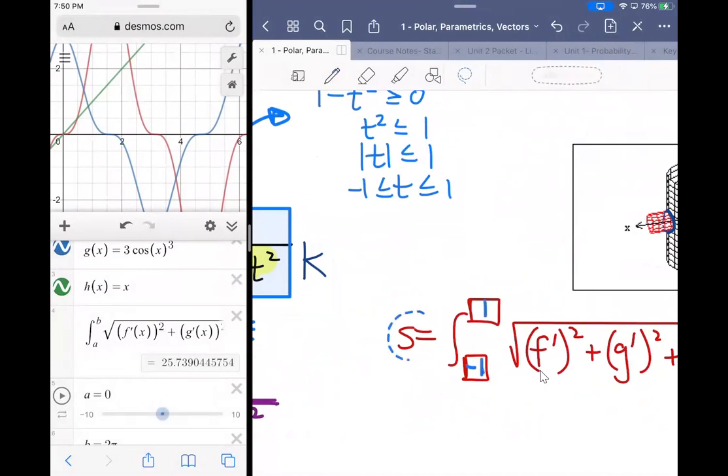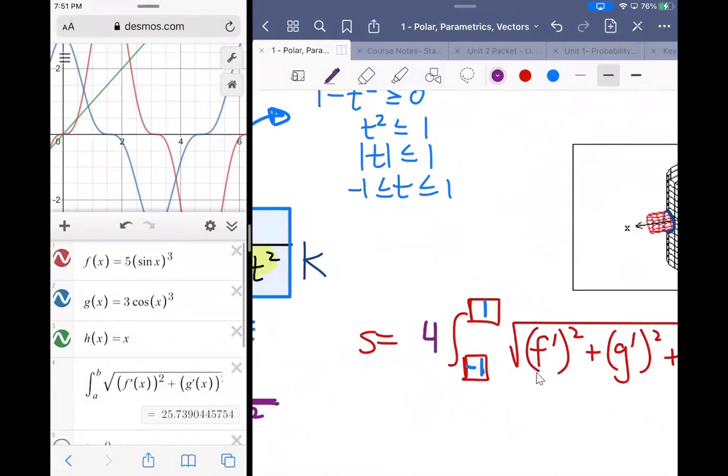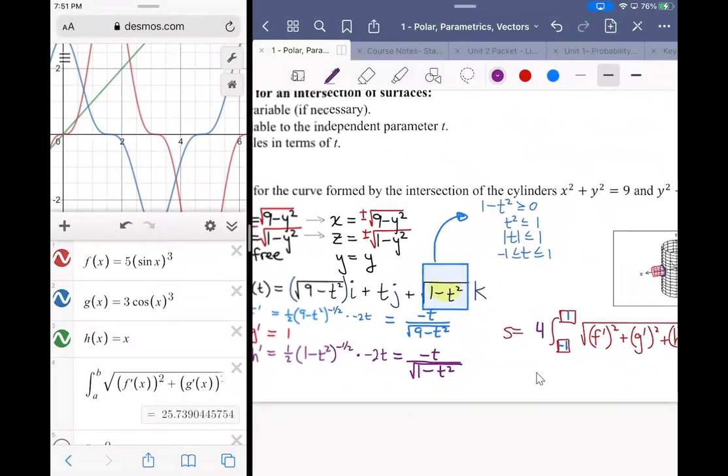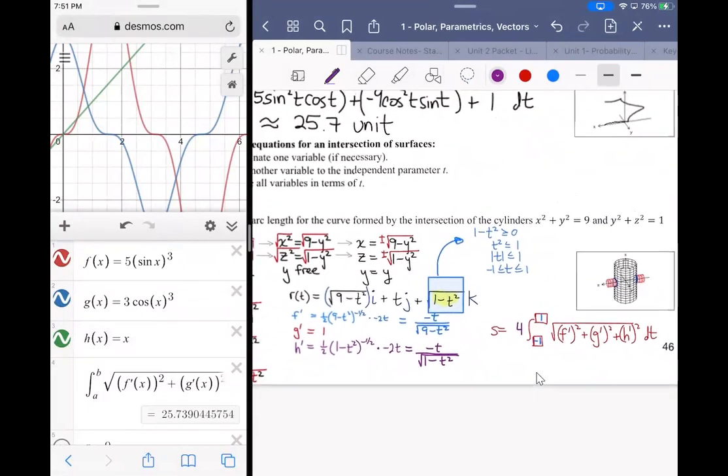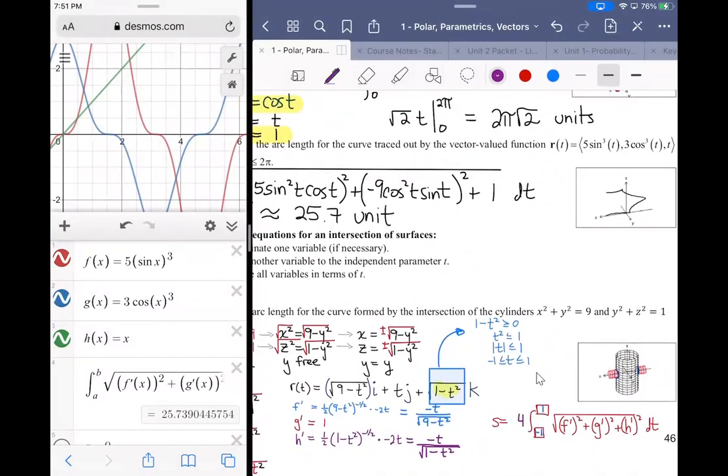But ultimately, when all is said and done, I'm going to want to multiply this result by 4. All right. So what I'll do is I'll go into my little handy dandy program. I loosely use the word program. It's really just this script, but it's nothing too fancy.